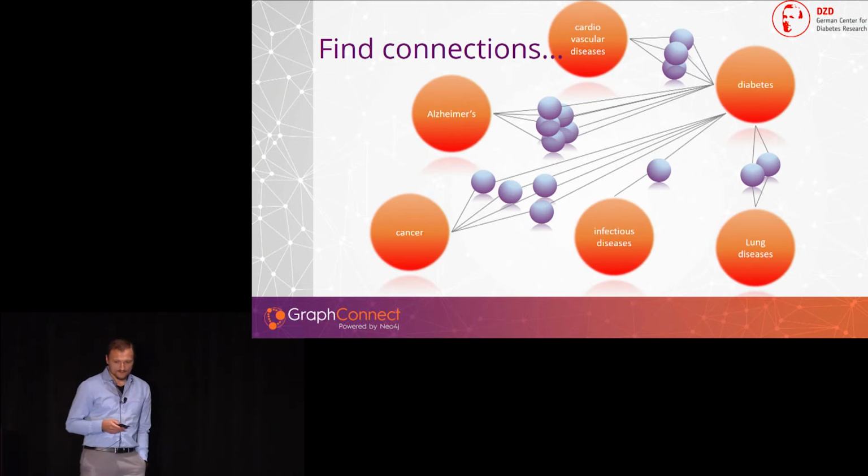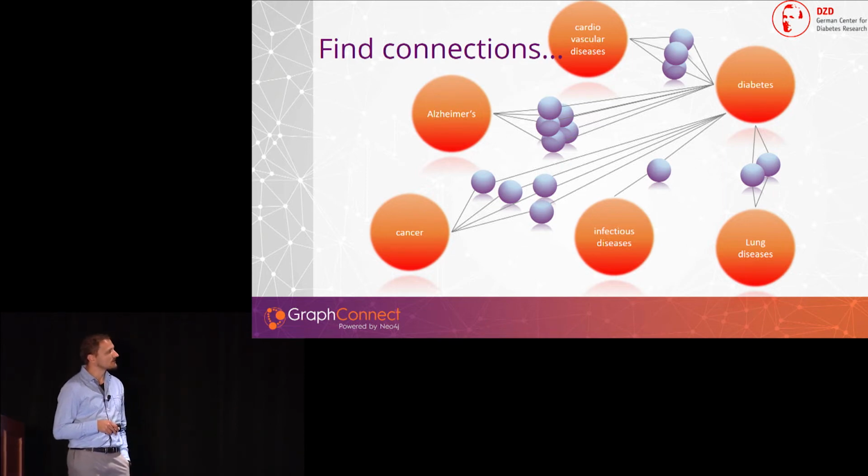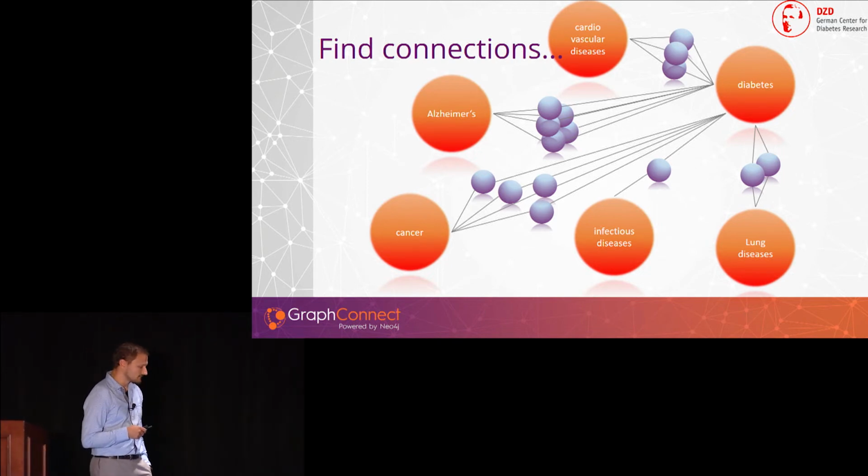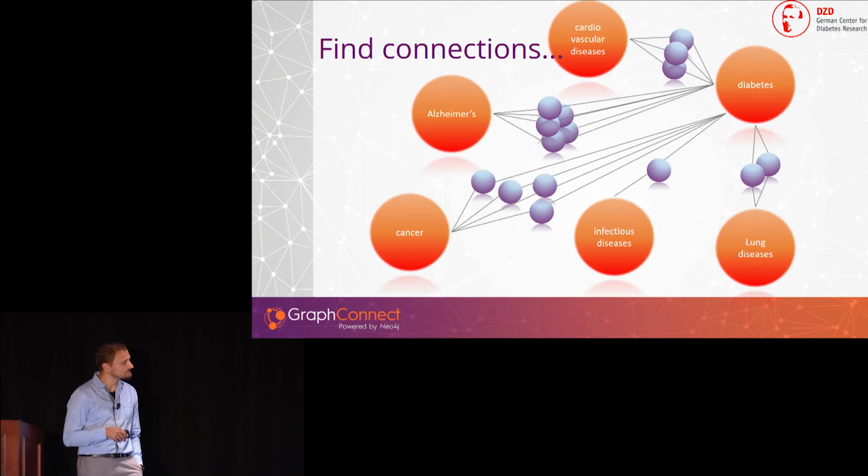We want to find these connections not only in the diabetes world, but also between cardiovascular effects, Alzheimer's diseases, cancer, infectious diseases, and lung diseases. And these orange dots here are all organizations like ours, like the German Center for Diabetes Research in Germany. We want to connect with each other to fight diabetes or to fight these other diseases.